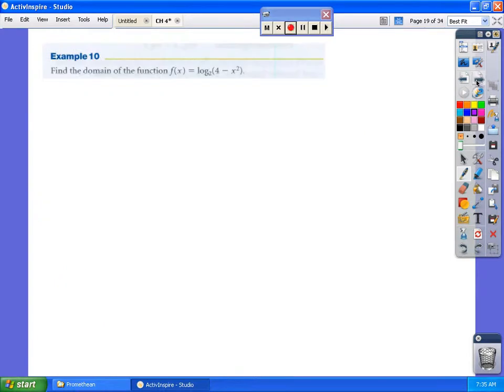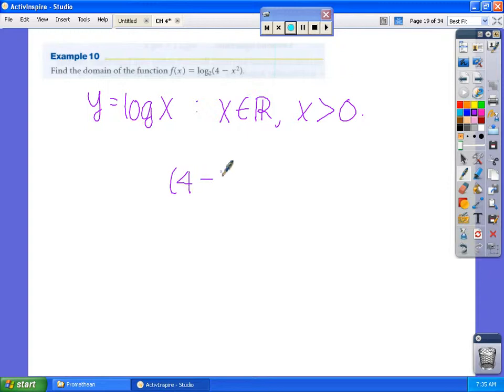Moving on, the domain of a log function. For any log function, the domain is where x is in the real numbers and x is greater than 0. The easiest way to find the domain for the function that's up there is to take what's inside of the log and set that equal to 0, and you get 4 is equal to x squared, so x equals plus or minus 2.